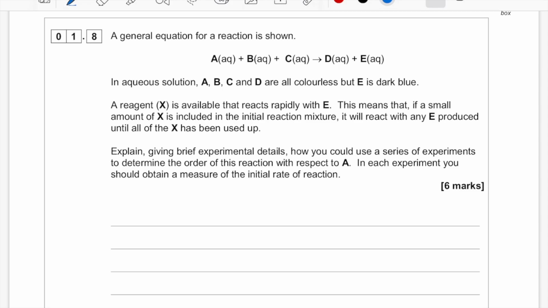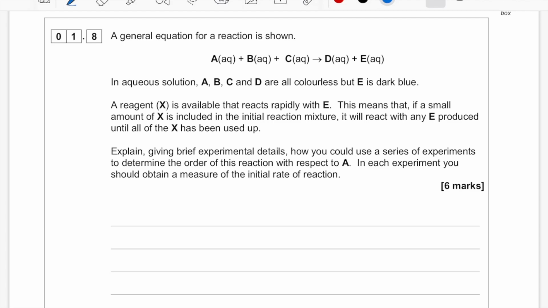If we think about this reaction and we've got a color change, we would probably expect to approach this as an initial rates reaction, i.e. we're going to measure the time it takes for a particular thing to happen, and that could be that this turns dark blue. Now the reaction is going to start straight away, so E is going to be produced straight away, which means you would expect it to turn dark blue almost instantly, which doesn't really help us.